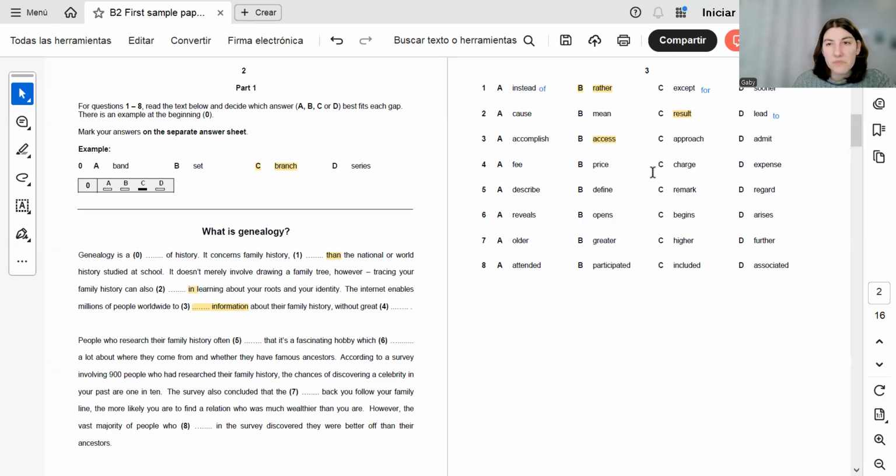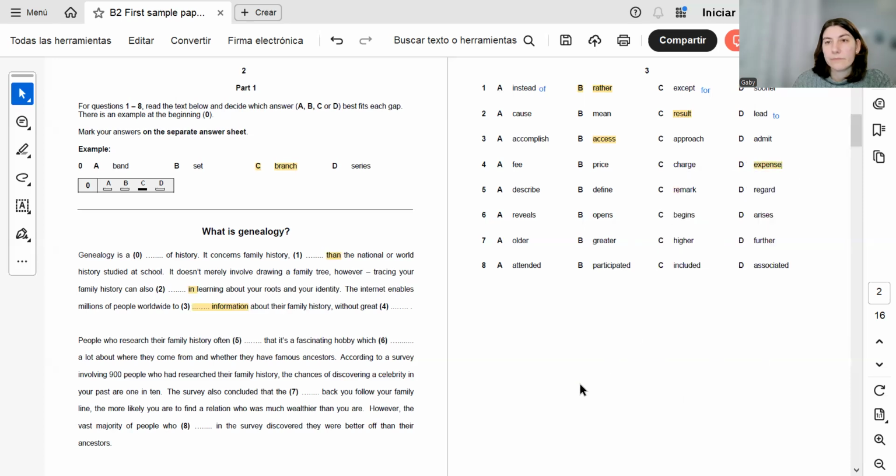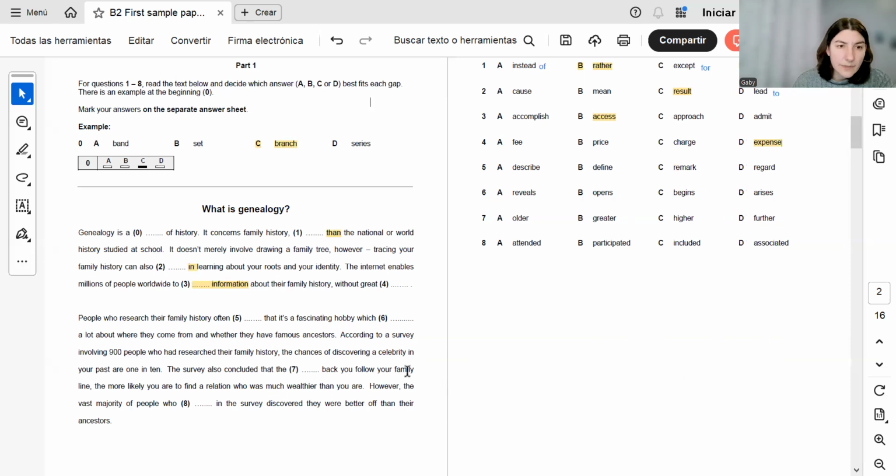Charge is similar to price. Without great cost. That's what we want to say. And the synonym of cost in this case would be expense.